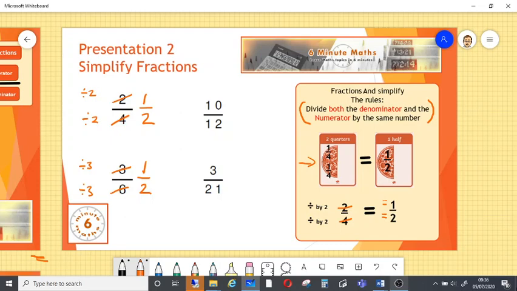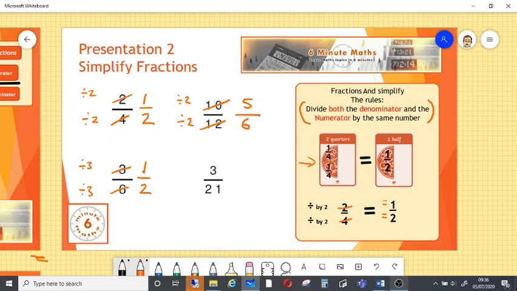Look at this next one, 10 over 12. I can see they're both even numbers, so they'll both definitely divide by 2. So 10 divided by 2 is 5, and 12 divided by 2 is 6. So 10 twelfths is the same as 5 sixths.